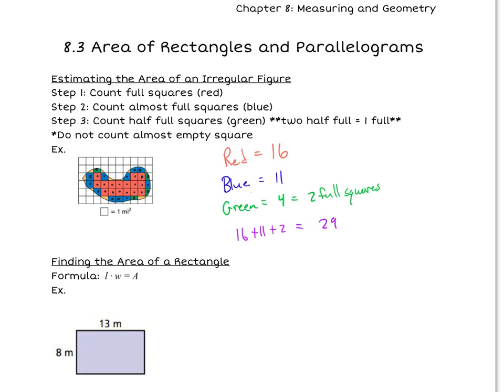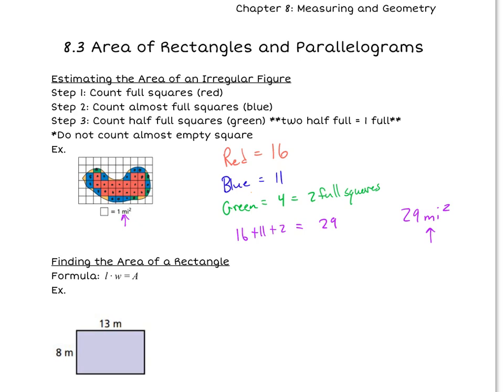So if we wanted to say the area here is 29 miles squared, and the reason I know it's miles squared is because I get that from the units given to me there, so I use that as my units here. Area is always going to be represented in something squared. This little 2 here. Anytime you have units, you're going to put the distance and then the little square whenever you're doing area. So that's irregular figures.